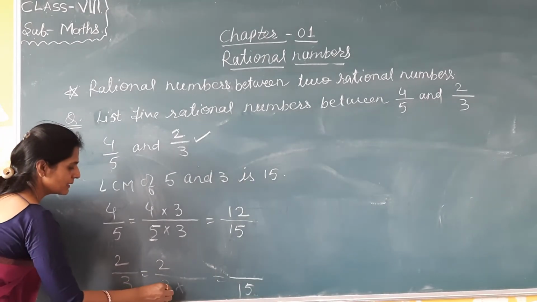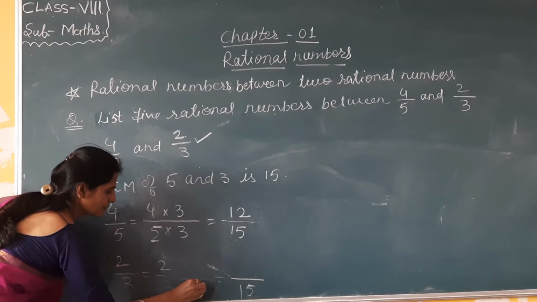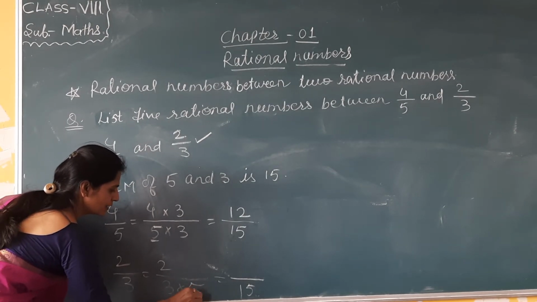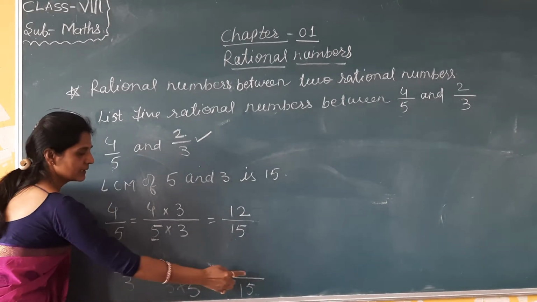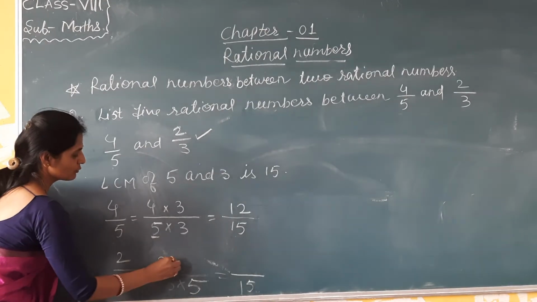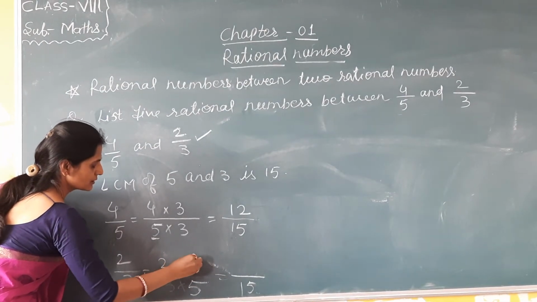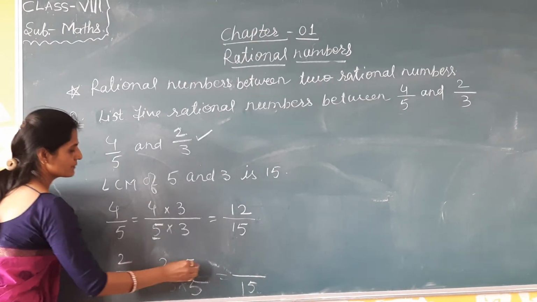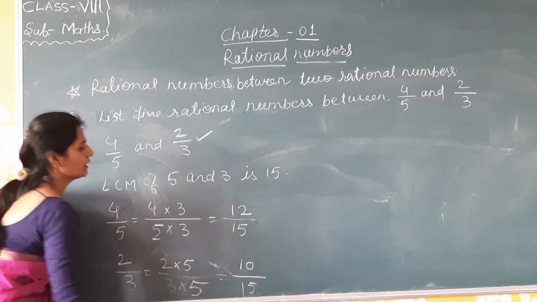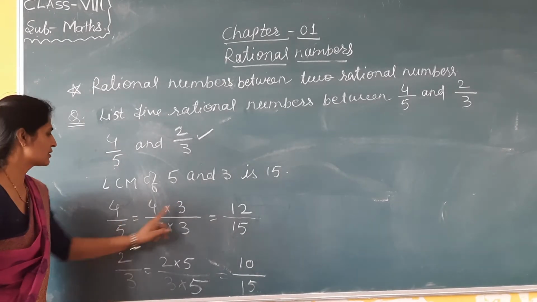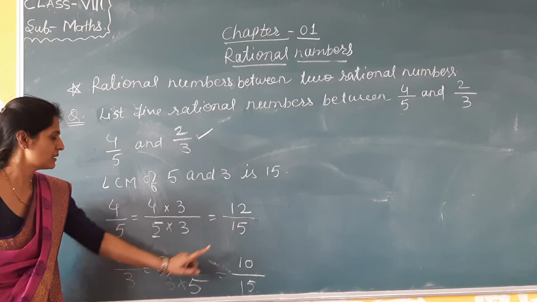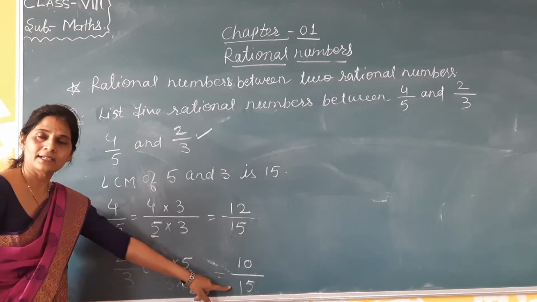So you will multiply this 3 by 5. अगर आप 3 को 5 से मल्टीप्लाई करते हैं, then you will get 15. Similarly, you will multiply numerator also with 5. Then 5 2s are 10. अब यहाँ आए हैं एक rational number आया 12 upon 15 and another rational number is 10 upon 15.